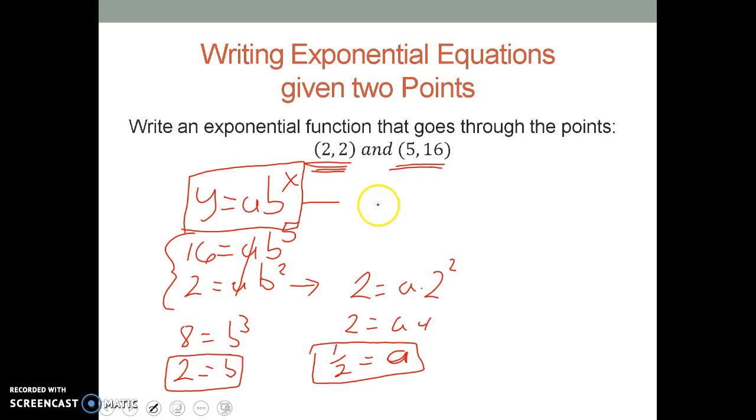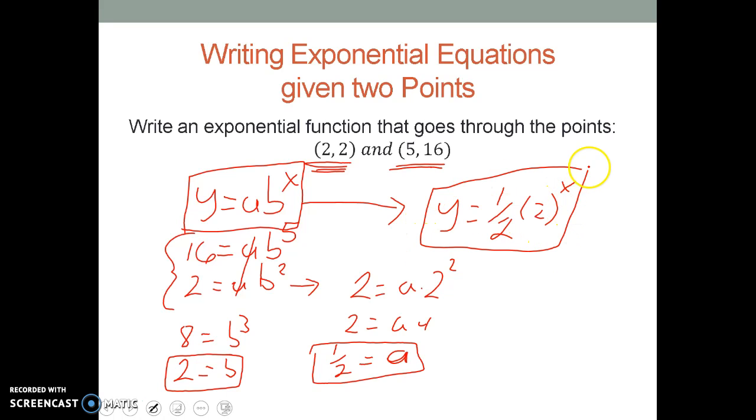And so my equation is simply going to be y equals my a value, which is 1/2, times my b value, which is 2, to the x power. If you want to check to make sure you've done that right, you can plug in a number. Like if we plug in 5, 2 to the 5th is 32, half of that is 16, and I know that that point is then on the graph, or on the equation.